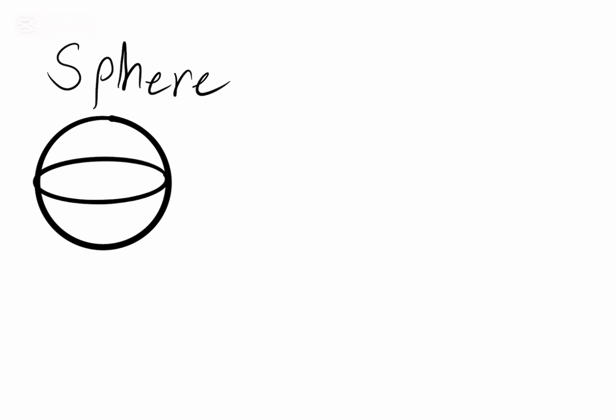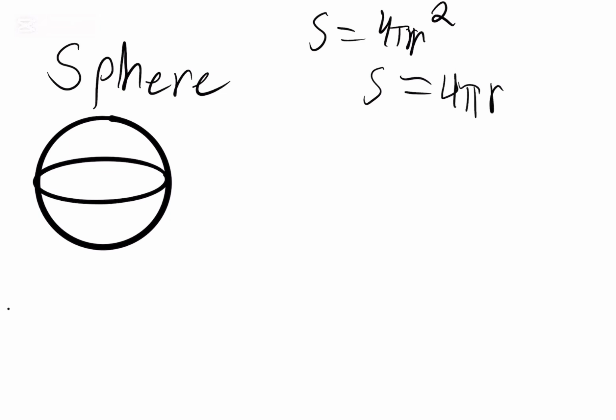Now we will be discussing how to find the surface area and volume of a sphere. So for surface area, our formula will be 4 pi r squared. So, we would plug that in. S equals 4 pi 3 squared, because our radius would be 3.